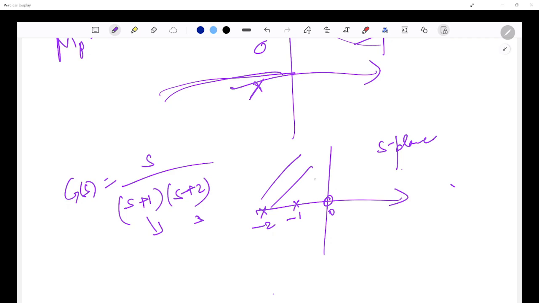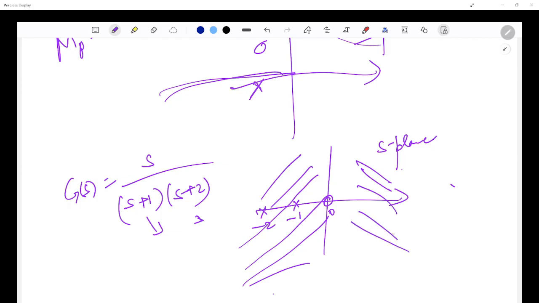So all the poles lie in the left half of the S-plane. That means the system is stable. If a single pole, let's say there are 5 poles of the system, 4 of them lie in the left half of the S-plane but one of them lies in the right half of the S-plane, that makes the system unstable.